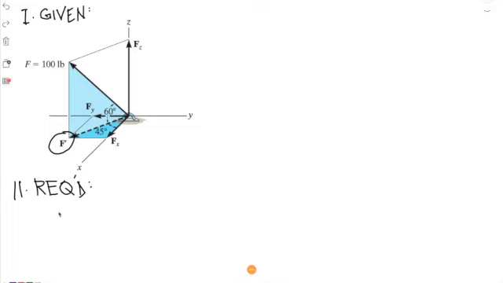What is required is the Cartesian vector form of our F, which means we need the form F equals Fx i plus Fy j plus Fz k.